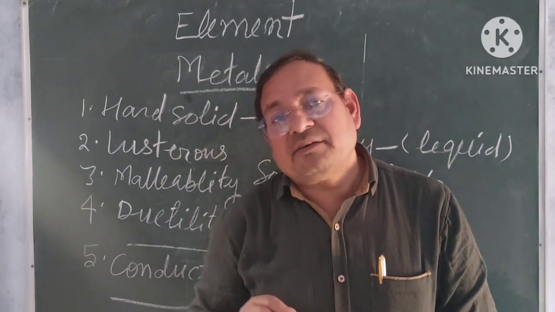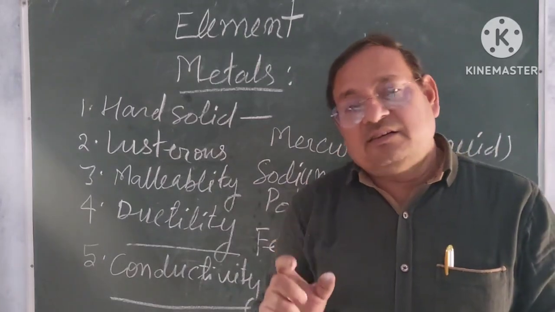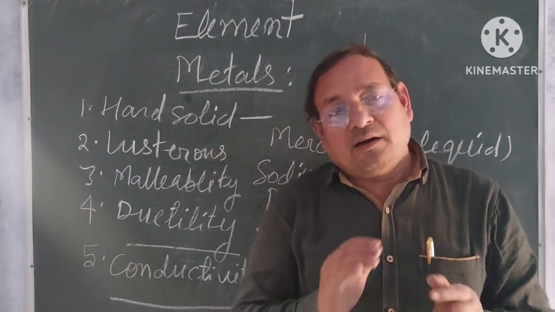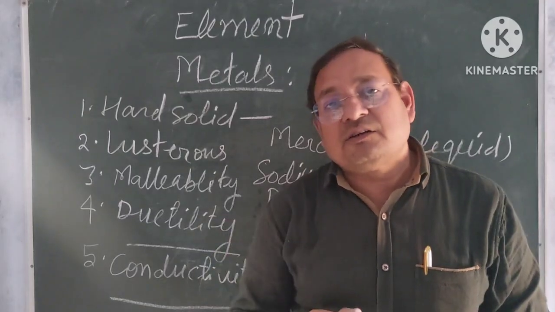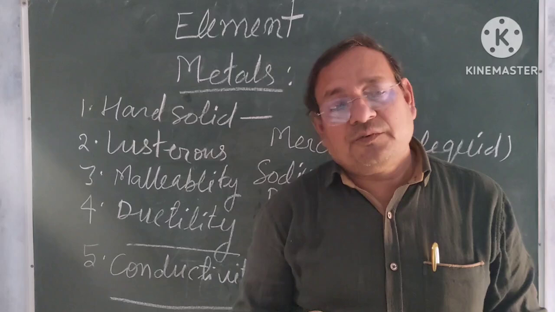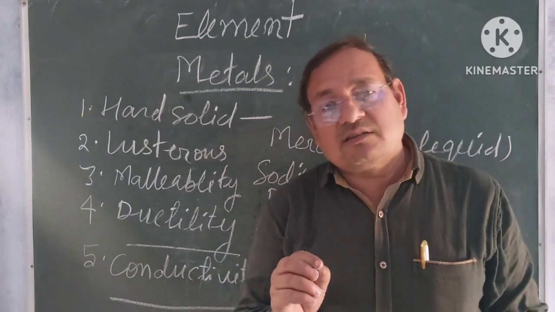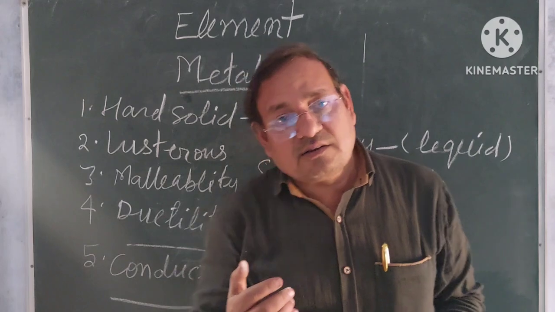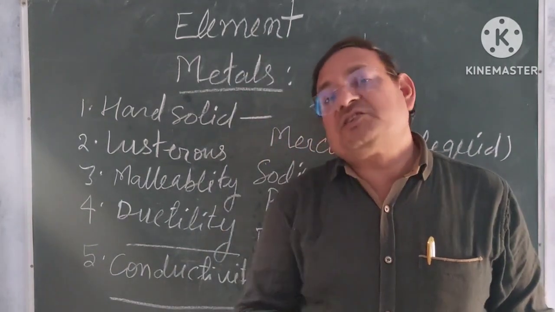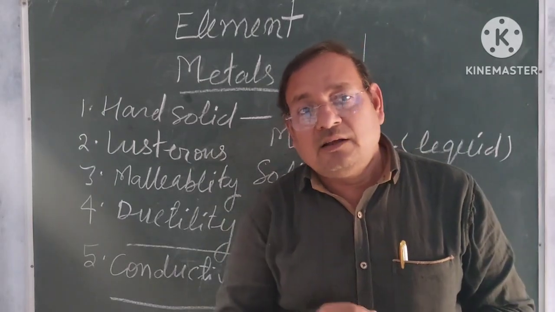Being a poor conductor, tungsten resists the flow of electrons. So when current passes, tungsten just gets heated, so much heated that it starts to glow. Understand?